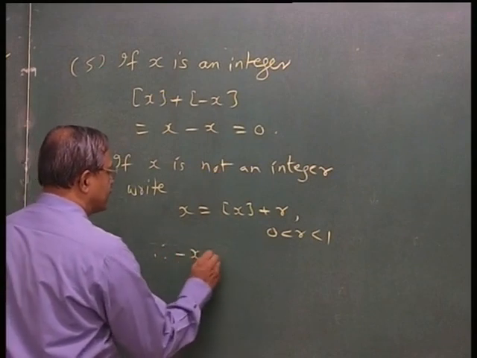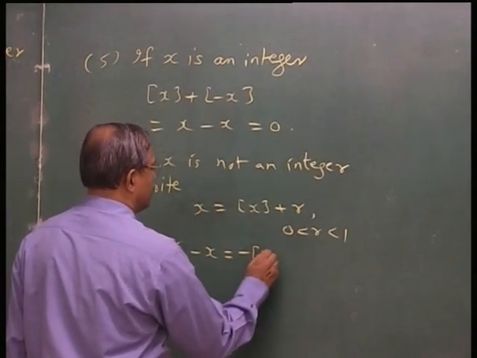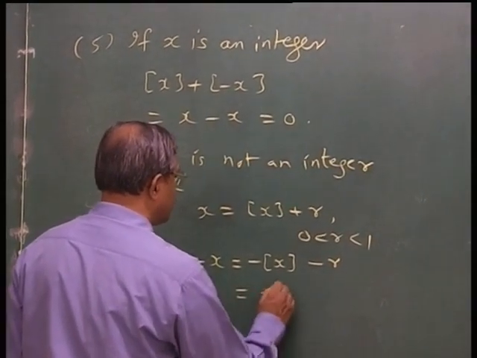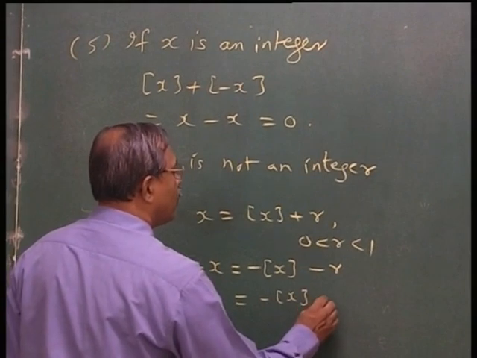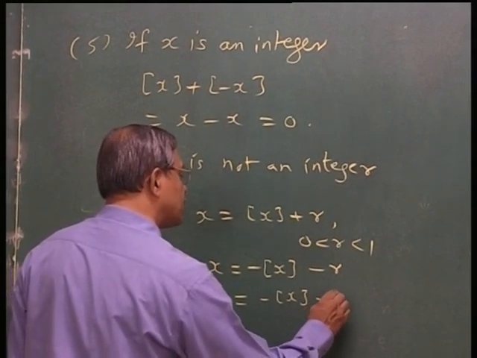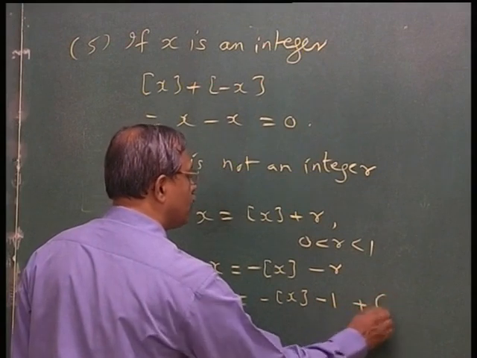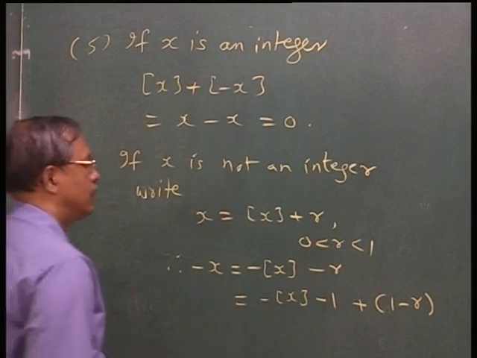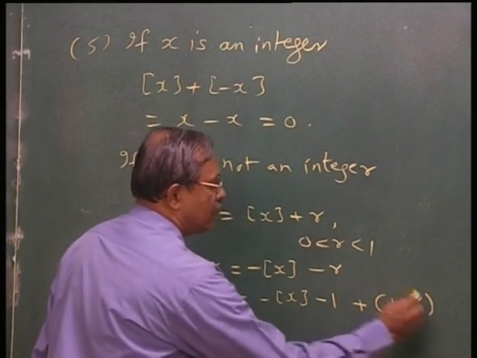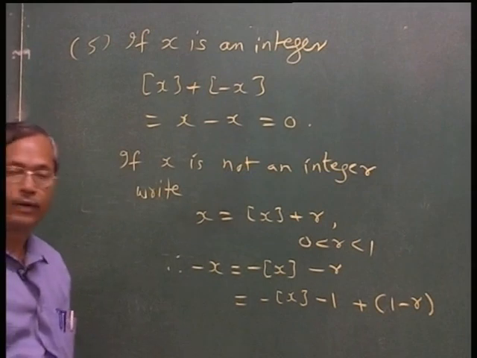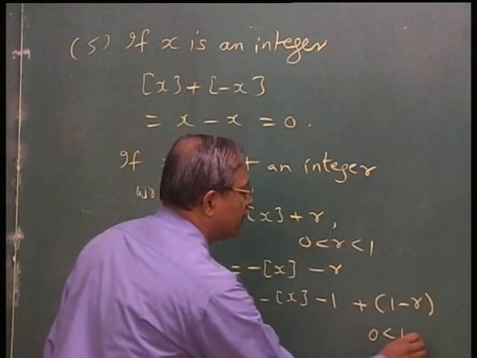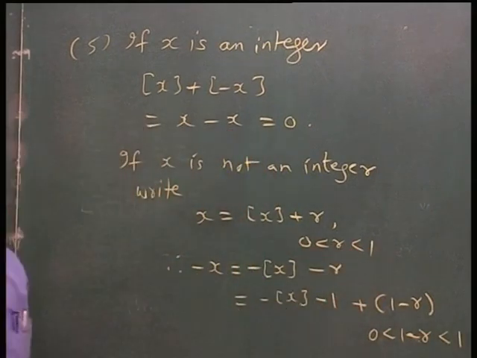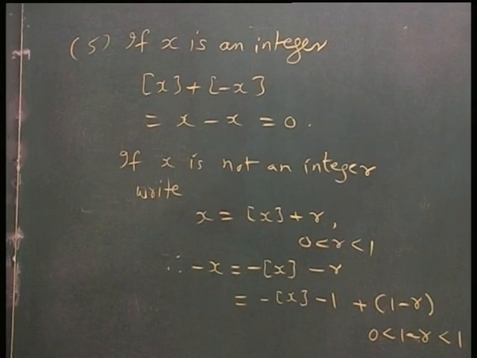Therefore, what is minus x? Minus of this, minus of r, which you can write as minus integral part of x, minus 1 plus 1 minus r. This 1 minus r is a positive quantity. 0 less than 1 minus r less than 1, because r is between 0 and 1, so 1 minus r also is between 0 and 1.